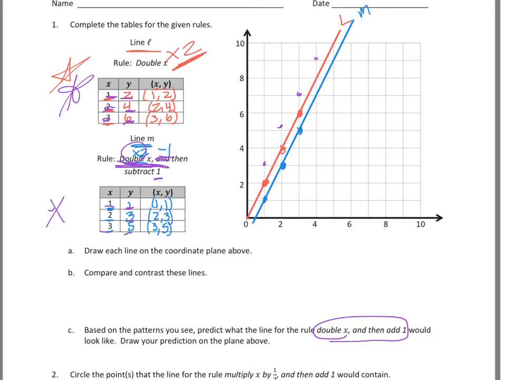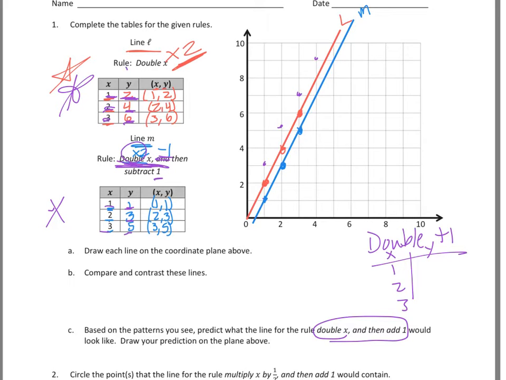So it's going to be parallel to it, but it's going to be kind of 1 up on it in the y department. So what I mean is, for my double plus 1, if I stick with the same x's, the 1, 2, and 3, my y's are going to be 1 over top of L in the y column.